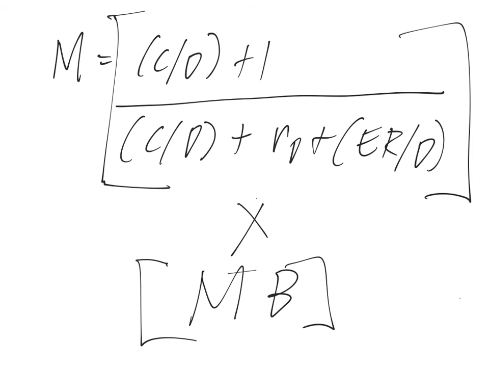If banks hold excess reserves, then ER over D has a positive value. And that positive value combines with the required reserve ratio to give you that 1 over the required reserve ratio kind of effect.